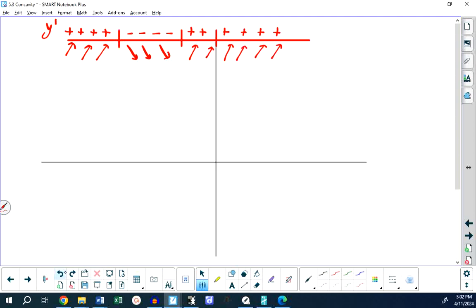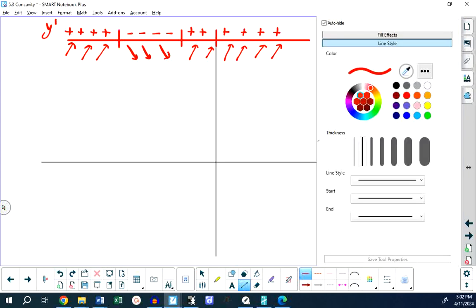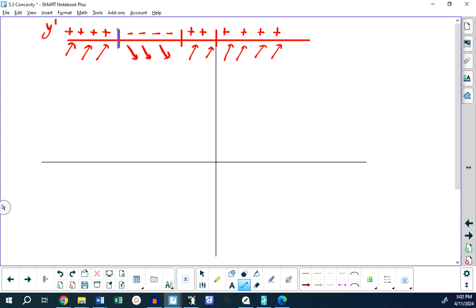Okay. Looking at the second derivative, am I right in saying the second derivative had a critical point at negative 3 and at 0? So the second derivative also had a critical value of x here and here. And the second derivative was positive, and then positive, and look where I put this positive.